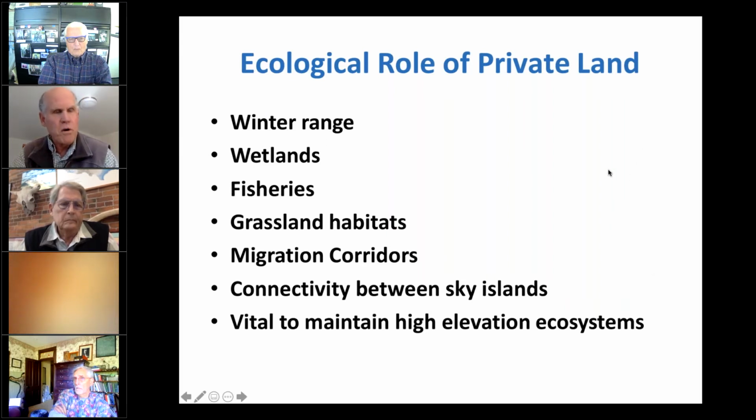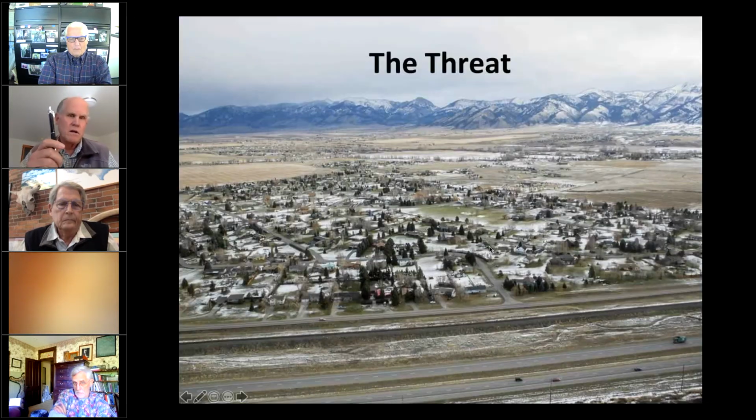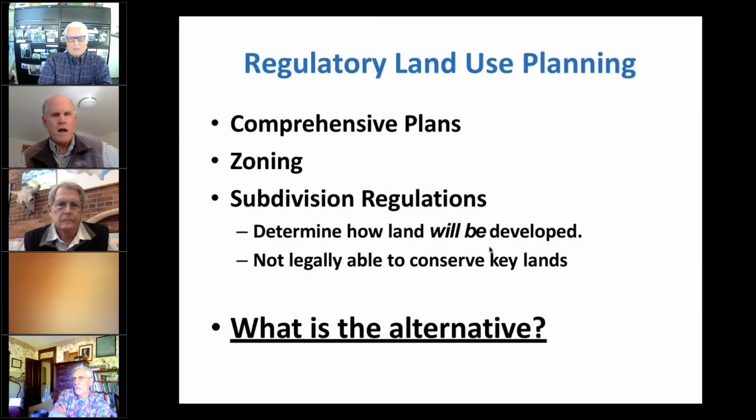How do we allow for latitudinal migration? How do species begin to have a fighting chance as climates change to move from place to place? The threat, as we think of it in the lowlands, in the valleys, seems mundane, and it's land subdivision and housing development. And how do we deal with that?